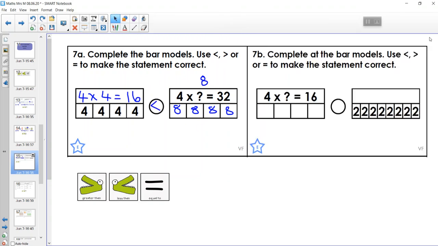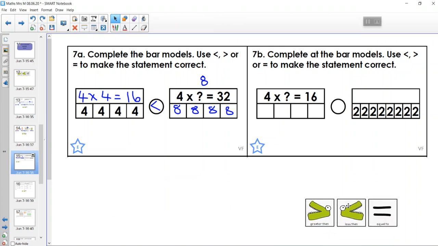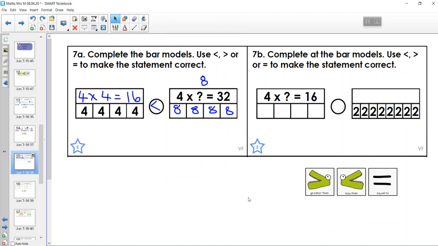Okay, so you're going to try this one on your own. You can pause the video and have a go at it, and then we'll do it together. Okay, so 4 times something is 16. Well, I know from over here that 4 times 4 is 16. I can put my 4s in. So my missing number here is 4.